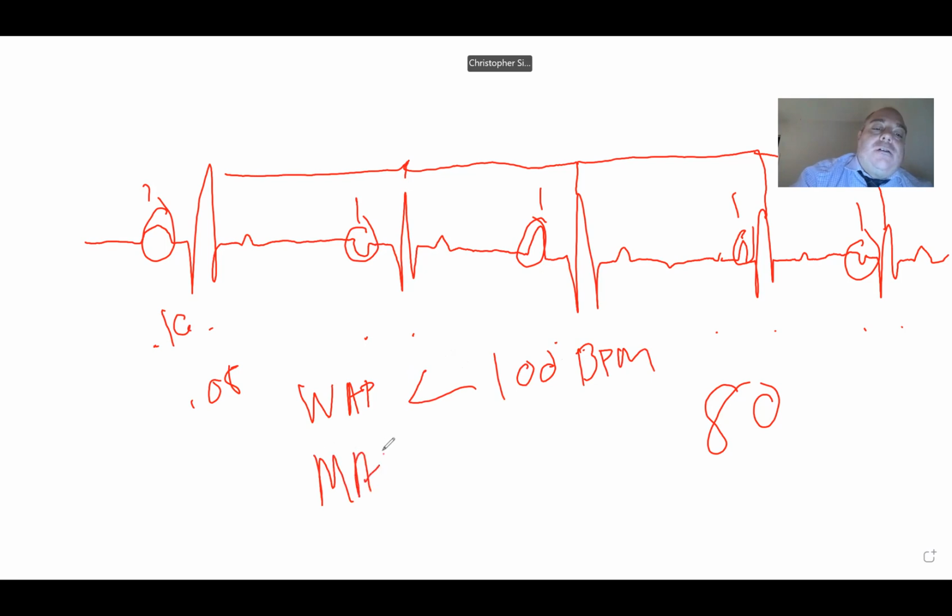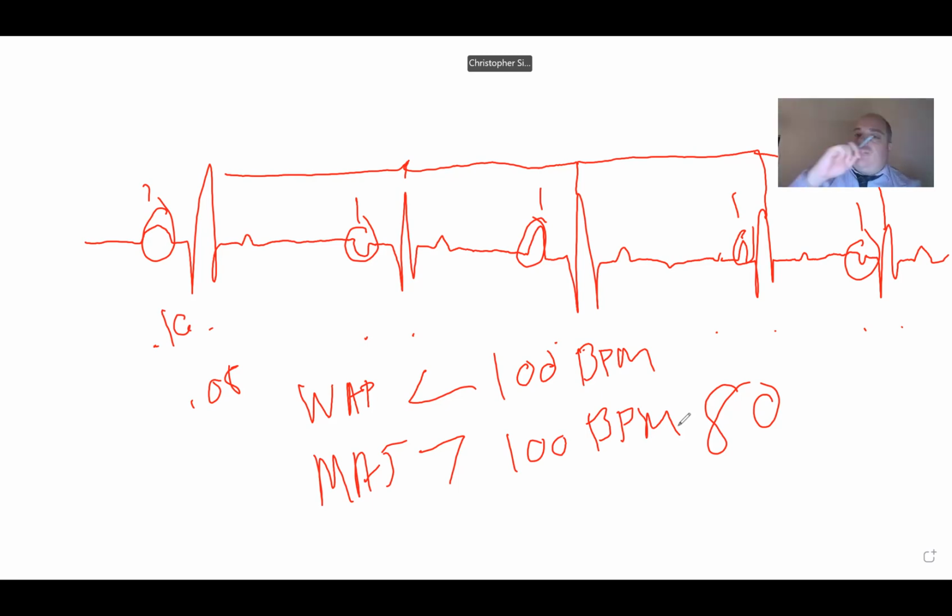Multifocal atrial tachycardia is going to be greater than 100 beats per minute. It's like the same thing. It just is rate dependent. So if this exact thing was a rate of 80 or 90, wandering atrial pacemaker. If this exact thing was a rate of 110 or 120 or whatever, then we would say multifocal atrial tachycardia, okay? So you're going to see that there's a lot of rhythms that are just like the same thing. It just depends on what the rate is, okay?